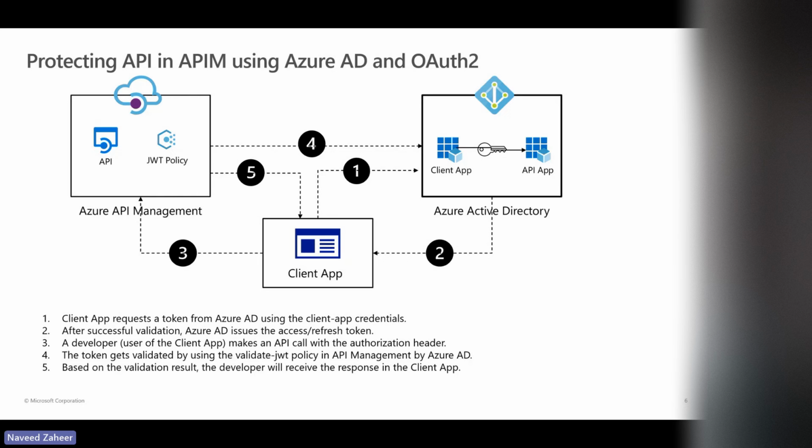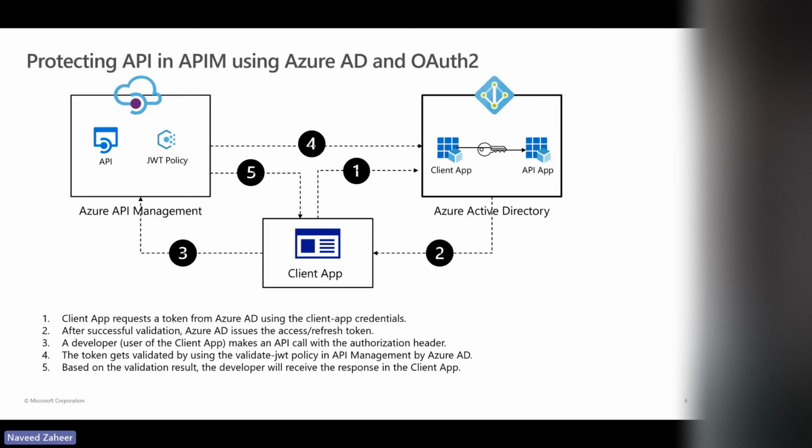The first thing it does is this app will get a token from Azure Active Directory. You have already set up two app registrations, one to represent the client app and one to represent the API app or APIs in your Azure API management. And by the way, we'll go through these step by step and actually do it in the demo.